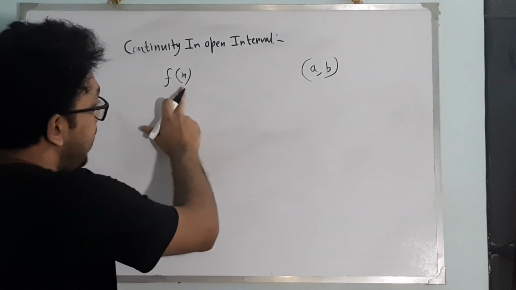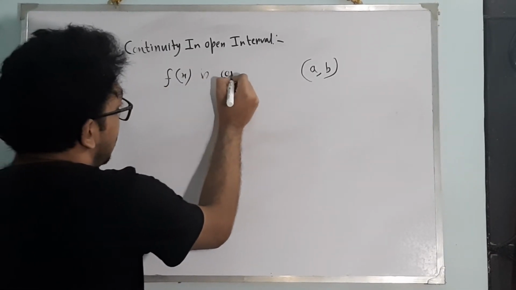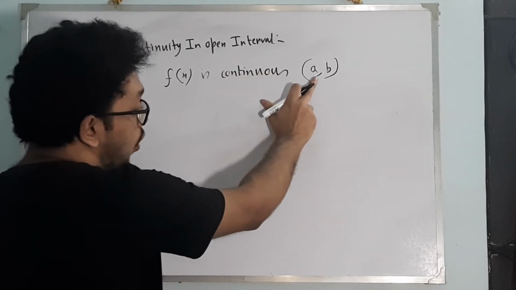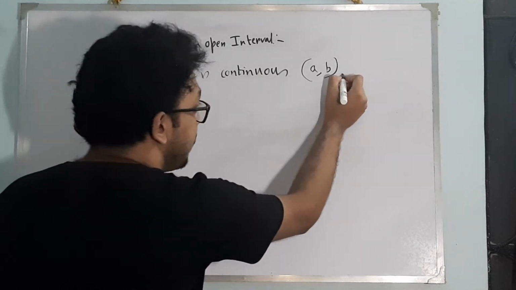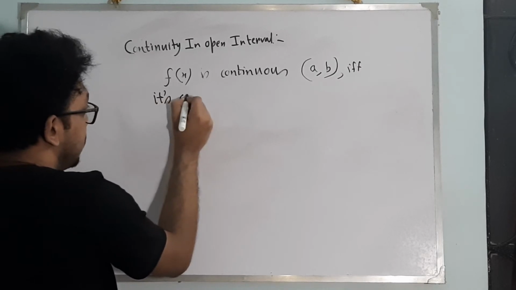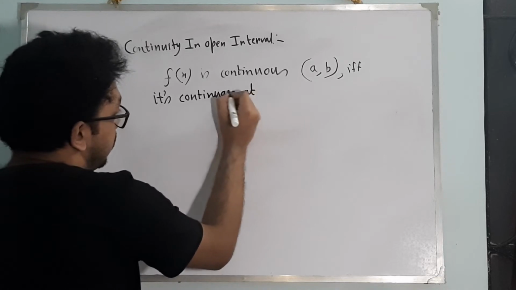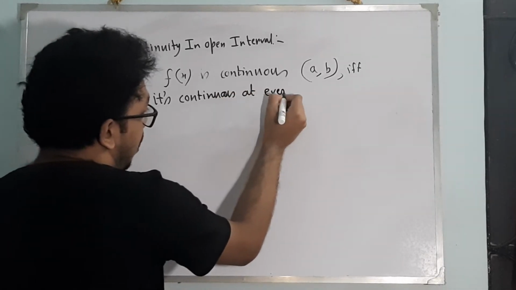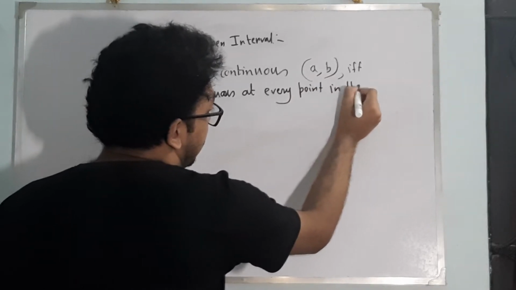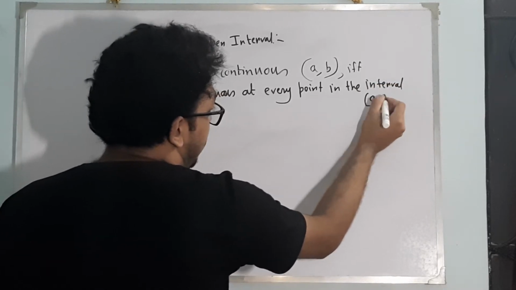I said that f(x), the function f(x) is continuous in the open interval a comma b if and only if it's continuous at every point in the interval a comma b.